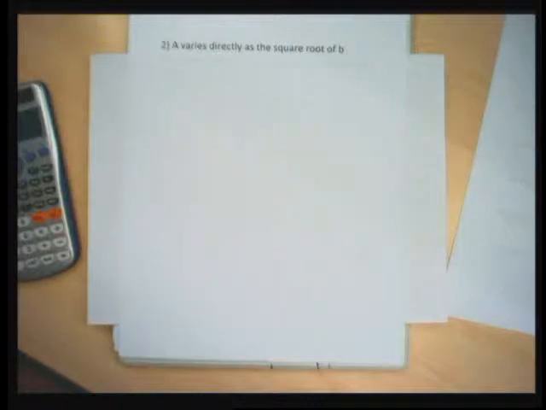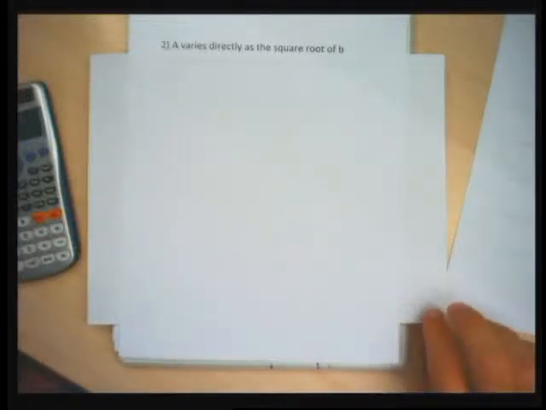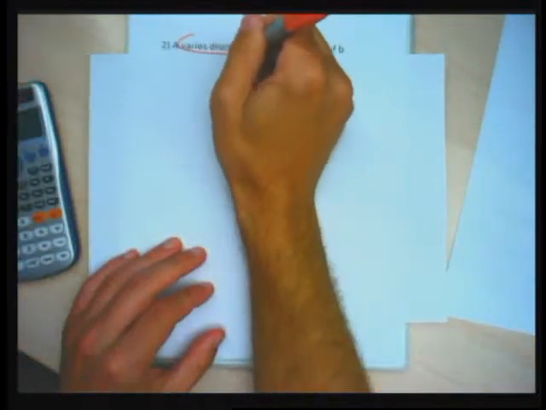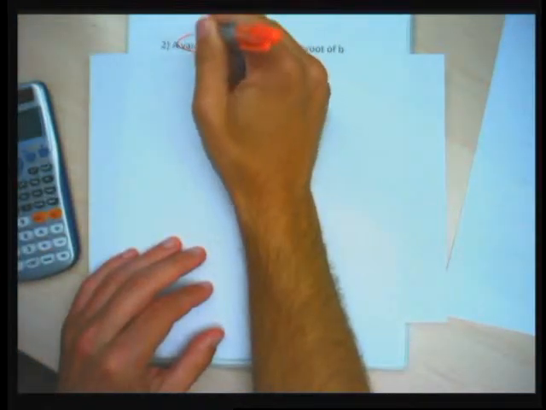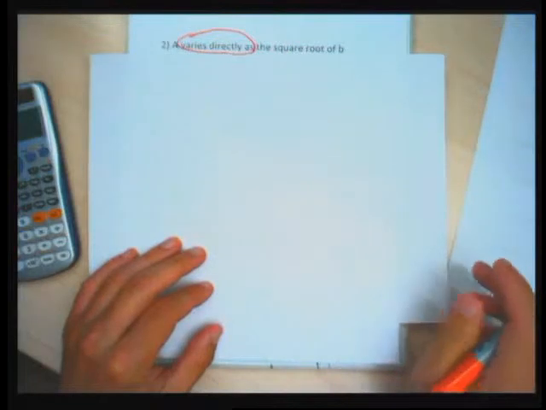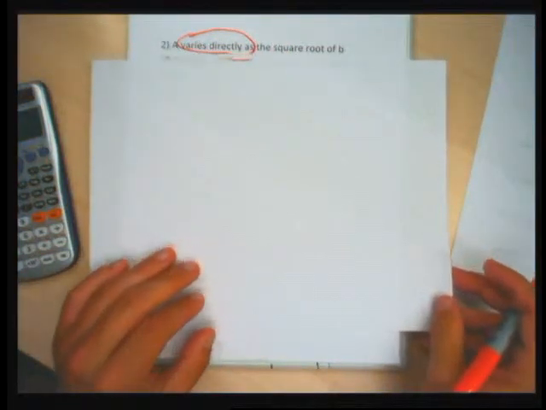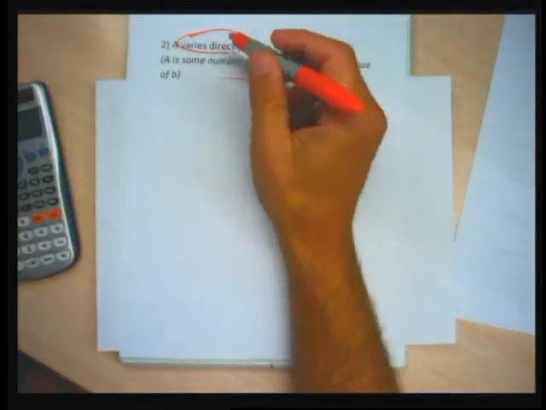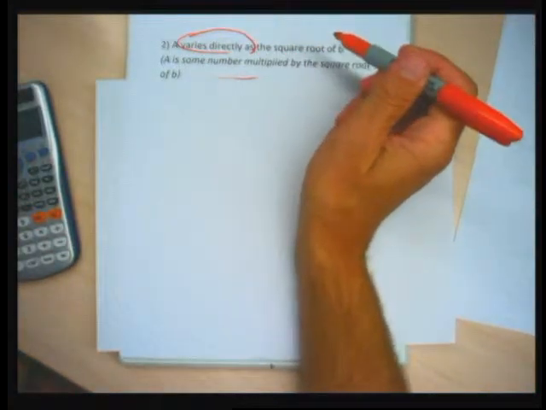And what I did when I typed this up is because I knew I don't write so well, I knew what I was going to write. I parenthetically, under the problem, wrote what I think. So when I see the words varies directly as, I change them to is some number times. So immediately, when I was going to do this problem, I changed the words varies directly to is some number multiplied, which is the same as times.